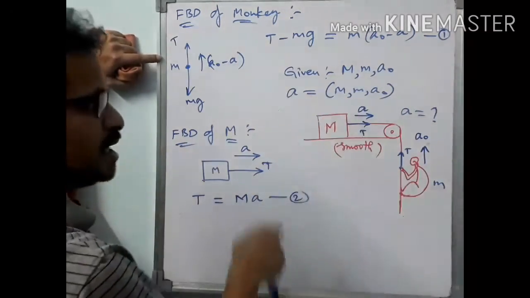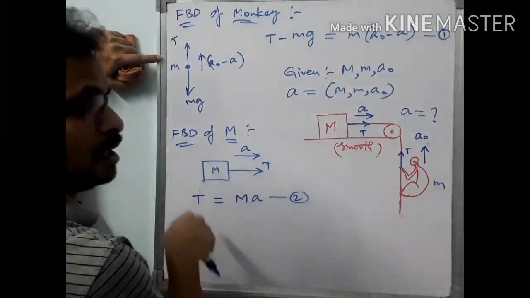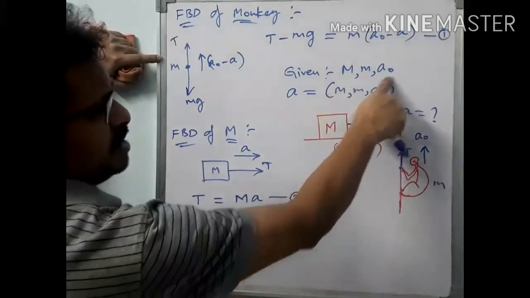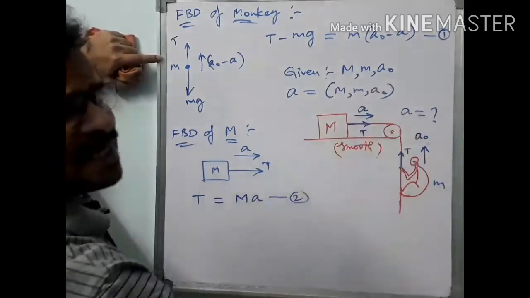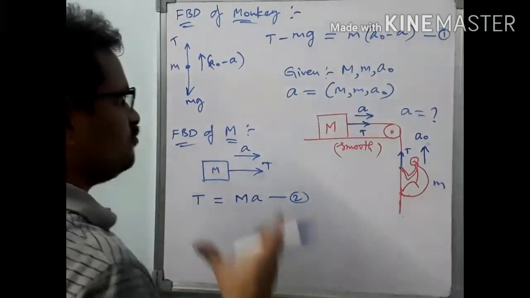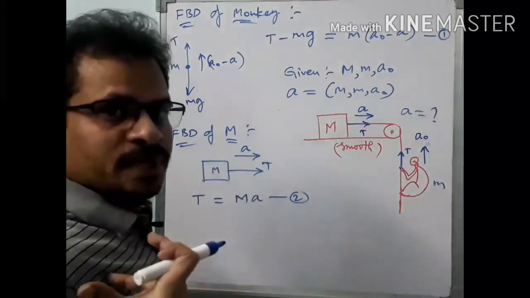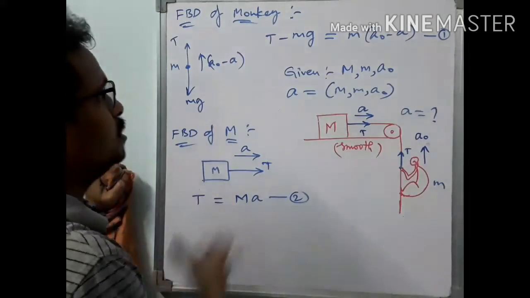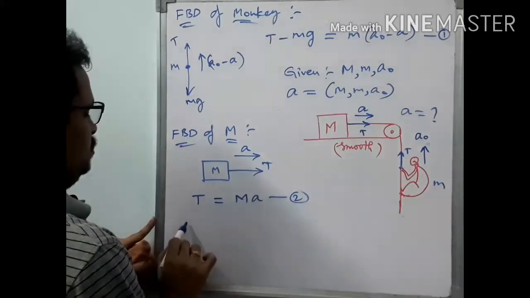With that knowledge we can know that T should not be kept here. How do you know? Because the given quantities are these things only, so the answer must have only these quantities. From that knowledge we are clear that we should eliminate this T from these equations here.